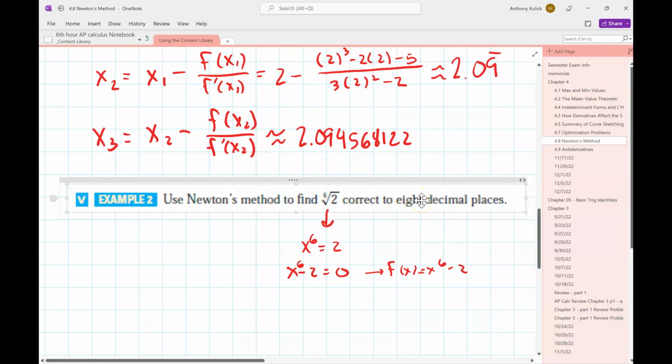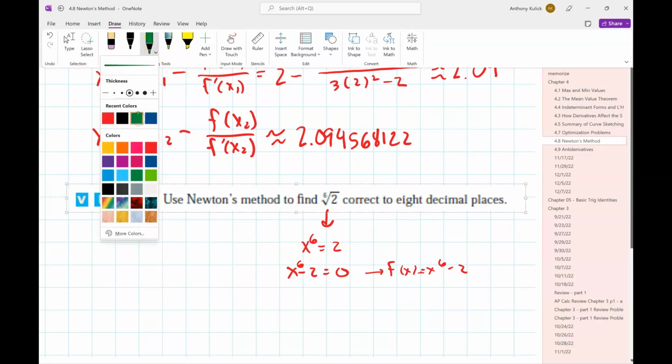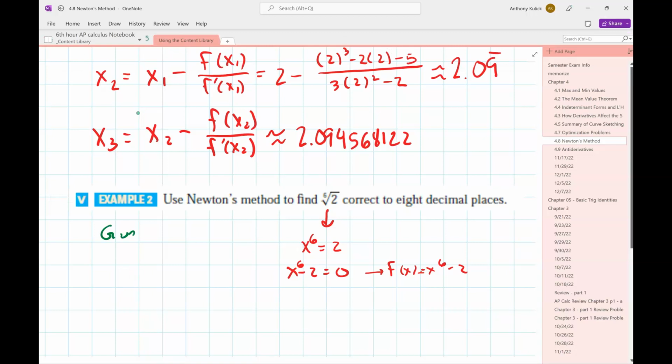Next thing I need is a guess. What would be a good guess here? So let's do perfect sixths, right? 1 to the 6th is 1. 2 to the 6th is 64.